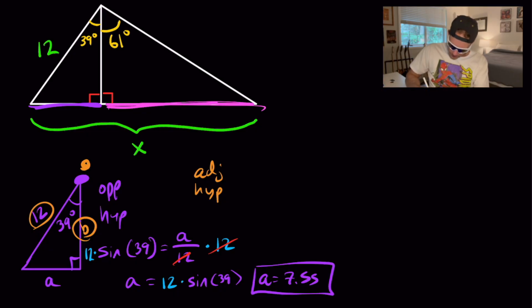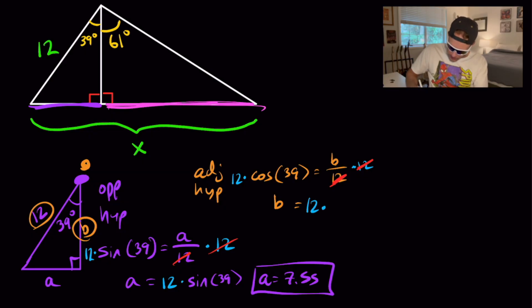So we'll have cosine of 39 is equal to adjacent, which is B, over 12, which is the hypotenuse. And then we want to solve for B. So what I'm going to do is multiply both sides by 12. These 12s are going to cancel out, so I'm going to be left with B is equal to 12 times cosine of 39.